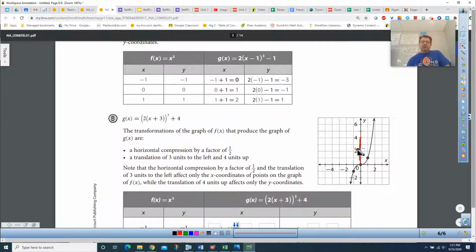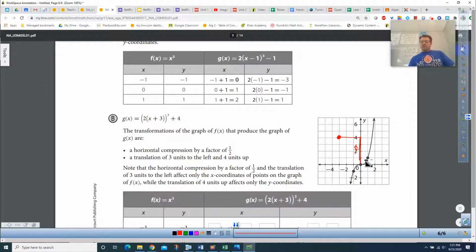I know that's going to happen. Okay, I know it's going to have to go up 4. And then this 3, what's going to happen to the 3? Well, it's on the inside, and it looks like it's going to go to the right. But remember, on the inside, it's backwards from what you think. So it's going to go left 3. And that's where my new vertex is going to land.